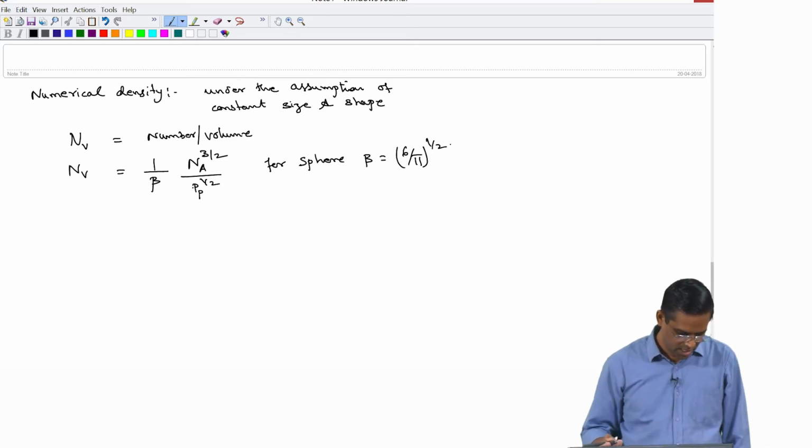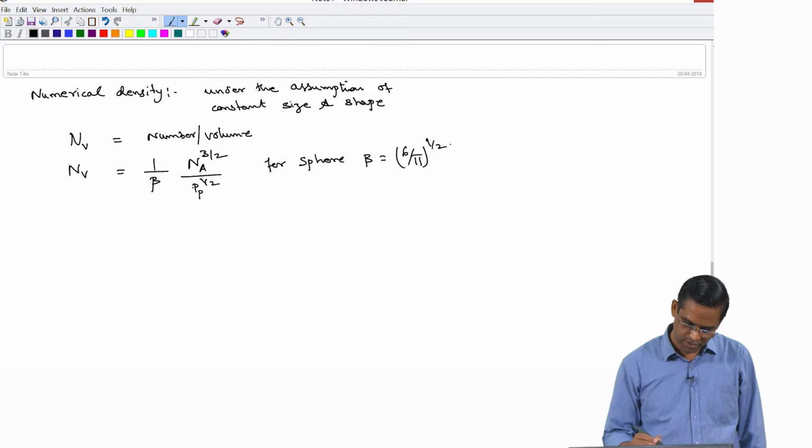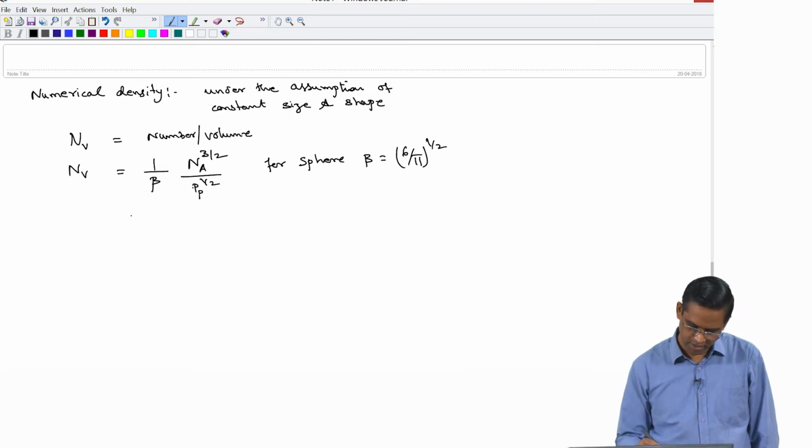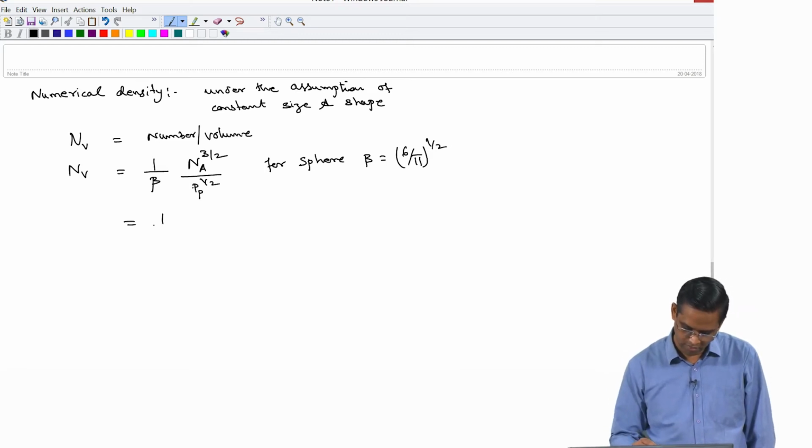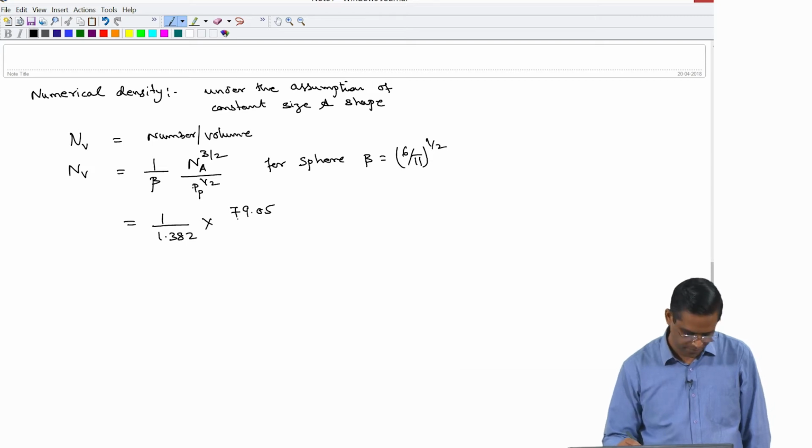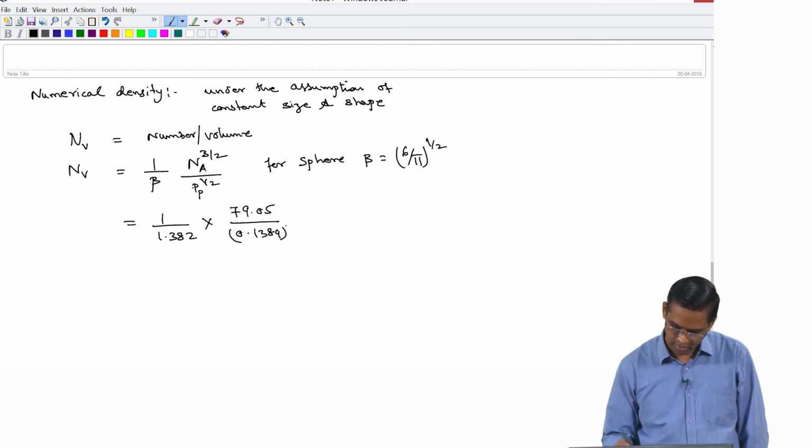Okay. So, you can just do this calculation: 1 by 1.382 into 79.05 divided by 0.1389 to the power half, this is 3 by 2.